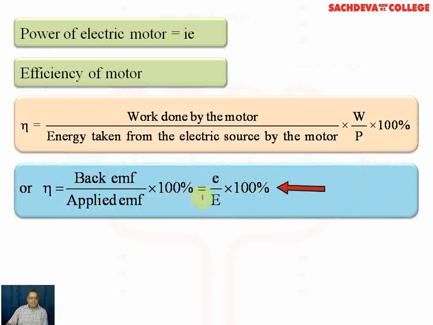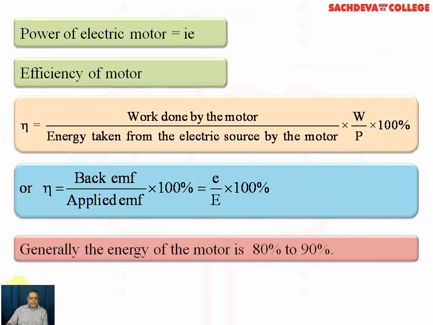In symbolic form, it is given as small e over capital E multiplied by 100. So we will estimate eta always in percent. Generally, the efficiency of a motor varies from 80% to 90%. The reason for the variation is that the back EMF as well as the applied EMF are never constant. They vary according to time.